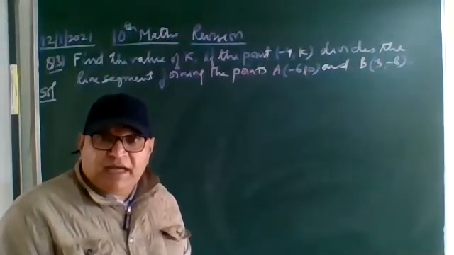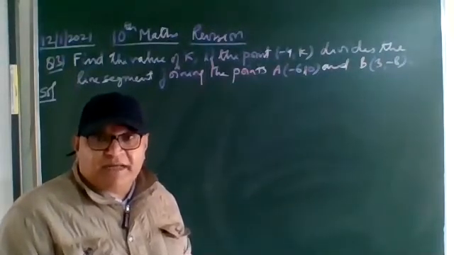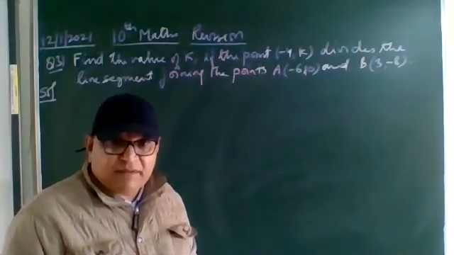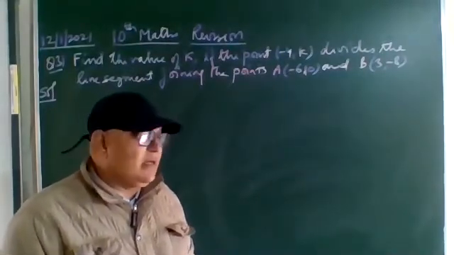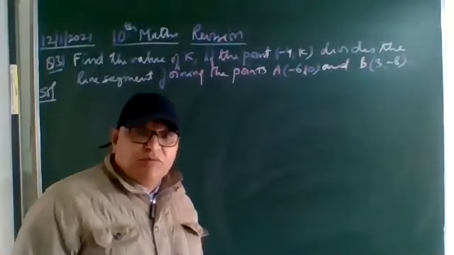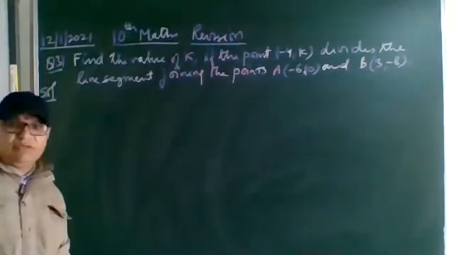The area of triangle formula is not in the syllabus this time, but I have explained it in the class. It is up to you the way you want to do the question.